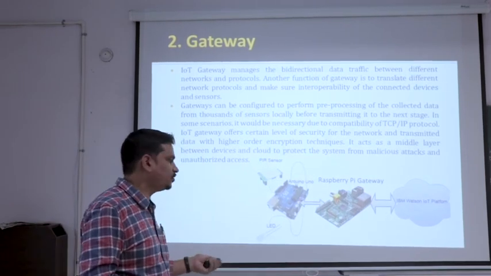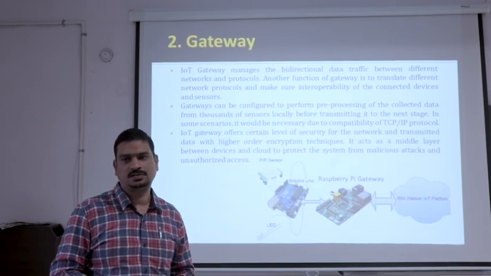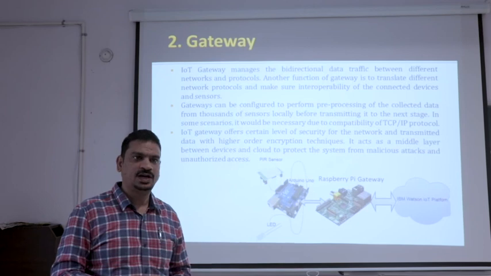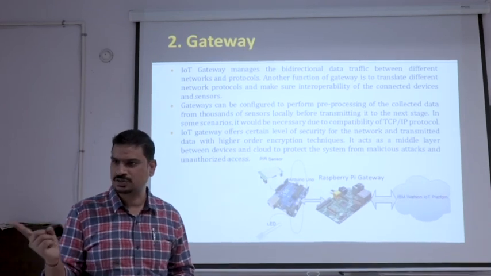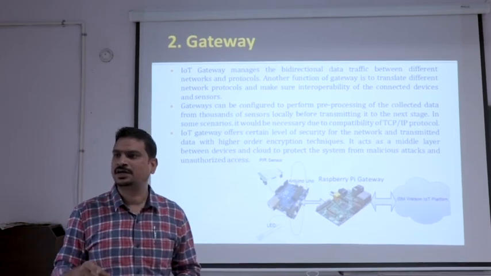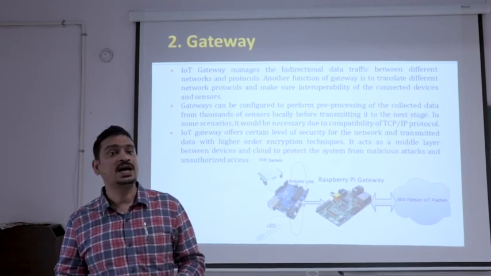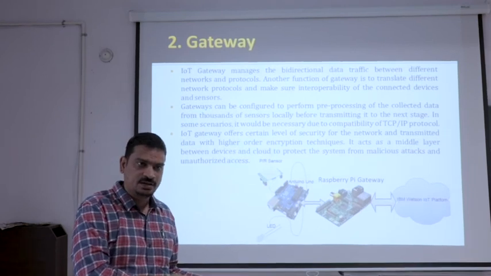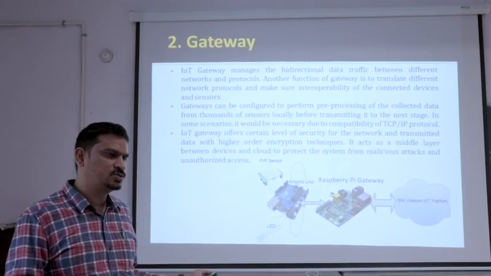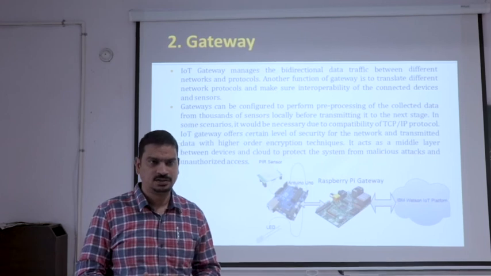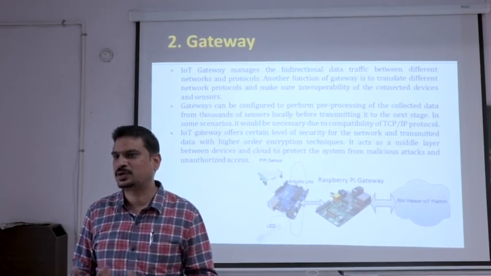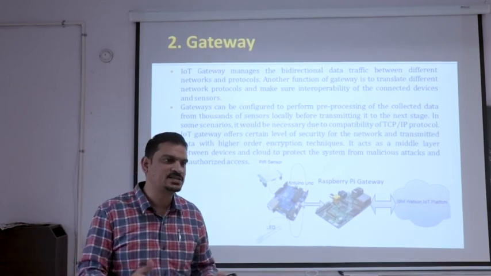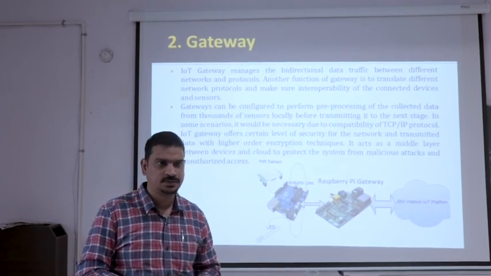Sometimes the gateway has this encryption and decryption power, by which whatever sensor data has to be sent to the cloud, it will encrypt and send, and whatever data comes from the internet, it will decrypt and send to the sensors. These sensors and nodes have very little power, very little energy, very little processing power, so they cannot do all those complex encryption and decryption algorithms.